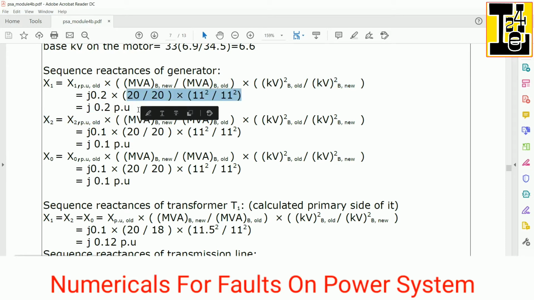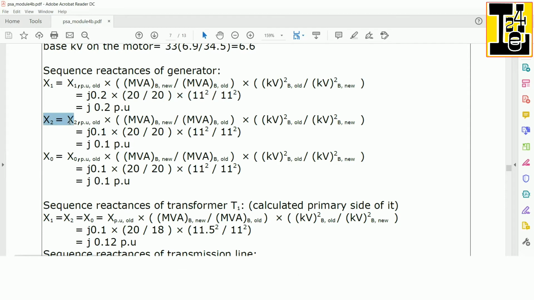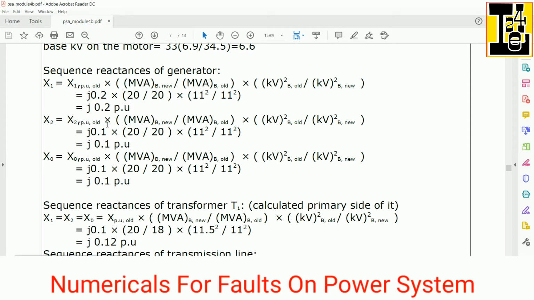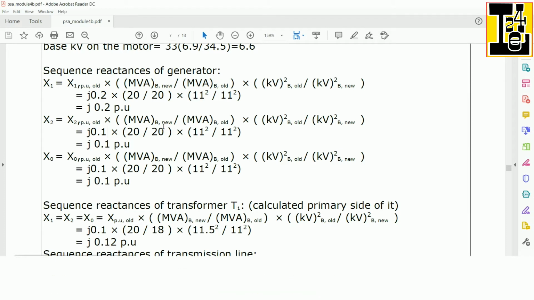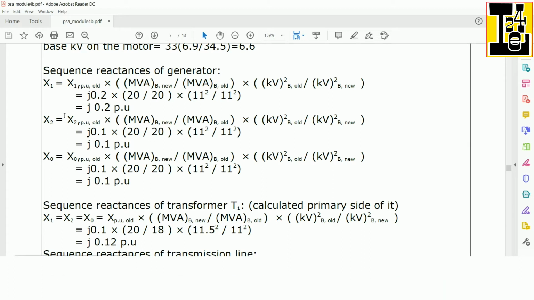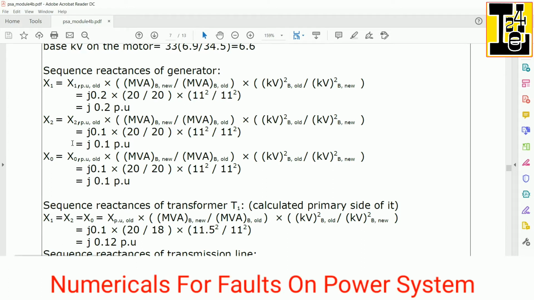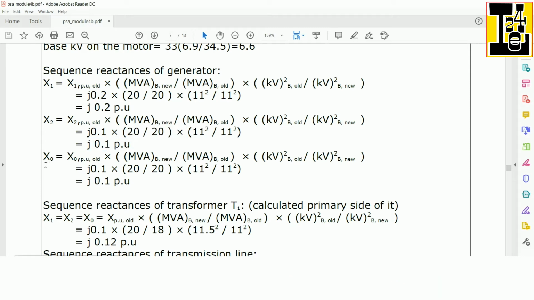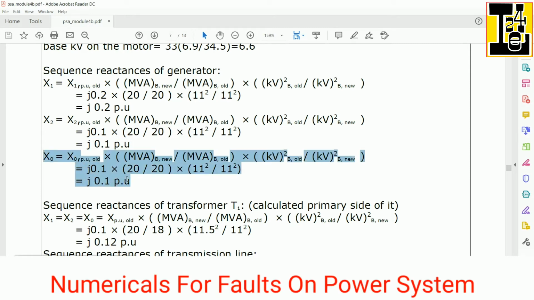0.2 per unit. Calculating for X2, that is X2 per unit old into MVA base new divided by MVA base old into kV base old square divided by kV base new square. Substituting the values, we will get X2 is equal to 0.1 per unit. In the same way, we can also calculate for X0.